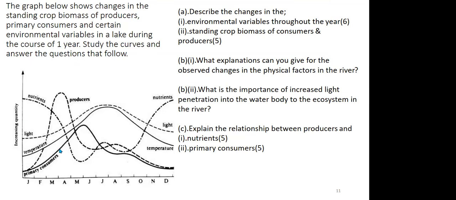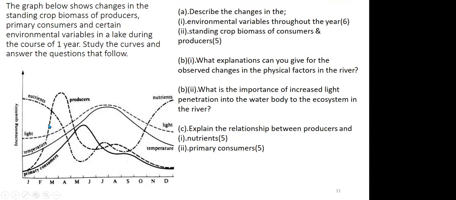And you notice during that time we see a rise in the producers. So we are assuming that these producers are the algae. So remember, algae growth is favored by an increase in light intensity and optimum temperature. So you see that temperatures are not extremely high, so that means the algae are able to thrive.